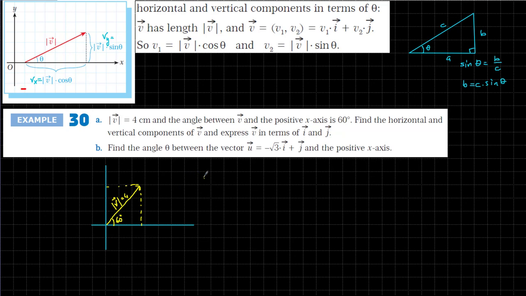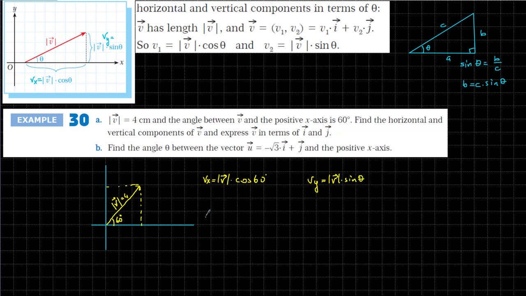Okay, Vx is equal to the length of V times cosine theta, which is 60 degrees here, and Vy is equal to, again, the length of V times sine theta.